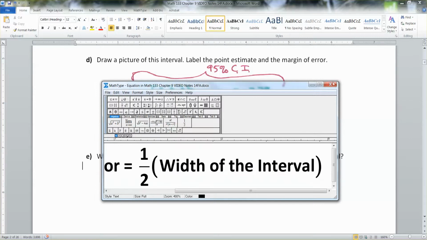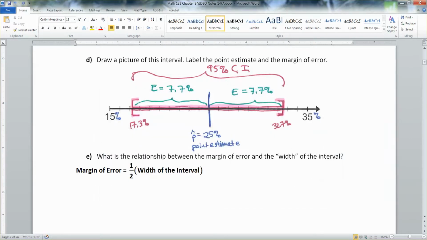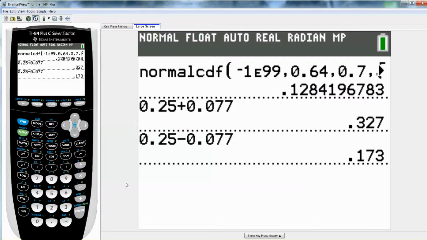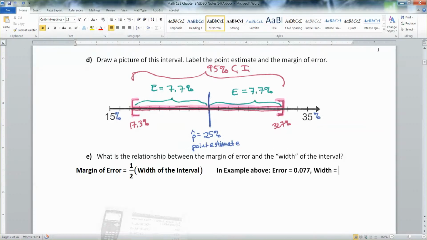So for example, in our particular example, the margin of error was 7.7. So in the example above, error equals 0.077. The width is twice that. So 0.077 times 2 should be 0.154.